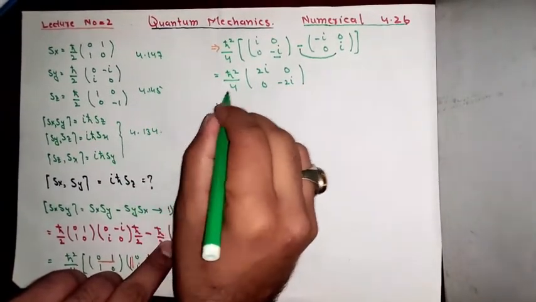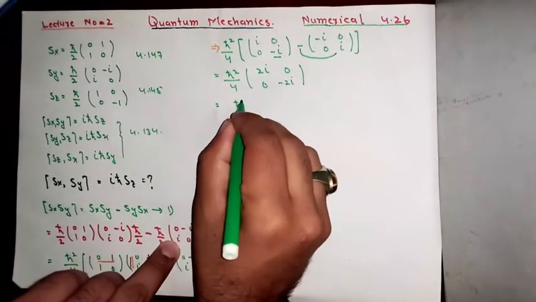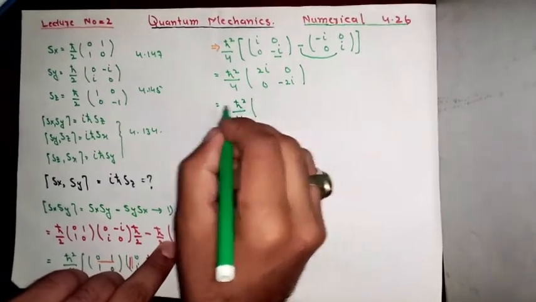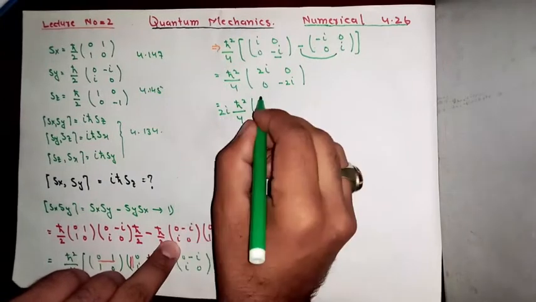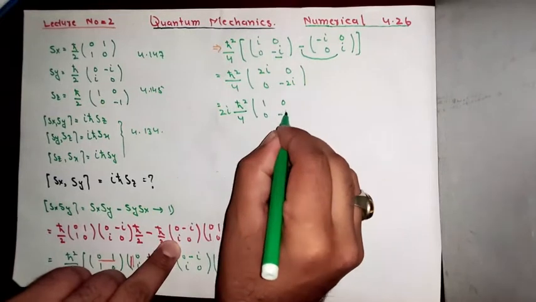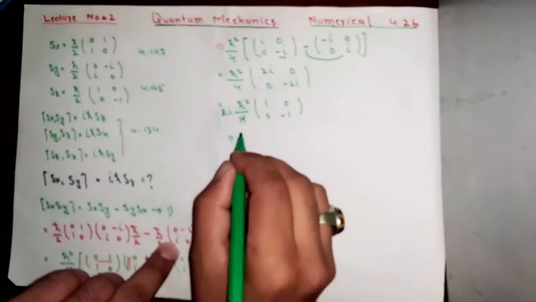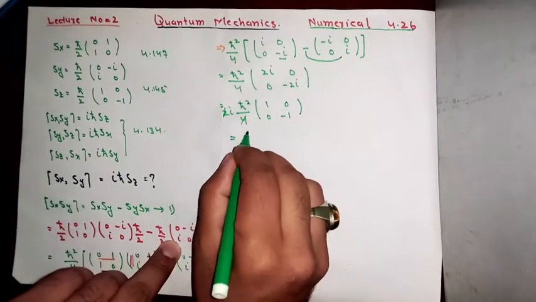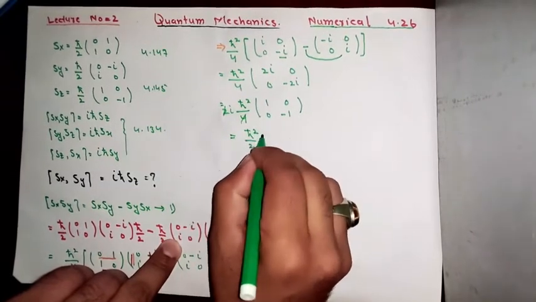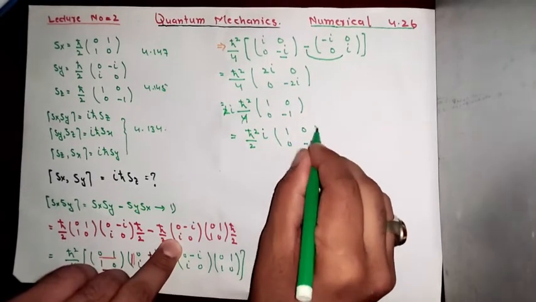Now I take 2i common, so I am left with h bar square over 4 times 2i times [1 0; 0 minus 1]. So 2 cancels with 4, and now we have h bar square over 2 times i times [1 0; 0 minus 1].